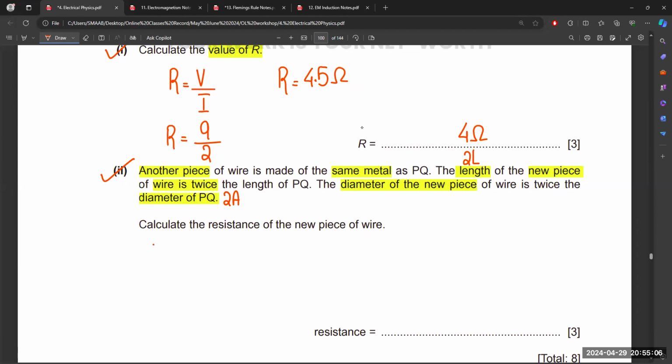We know that resistance is directly proportional to the length and inversely proportional to the area. So what do you think? What will be the resistance of the new wire?